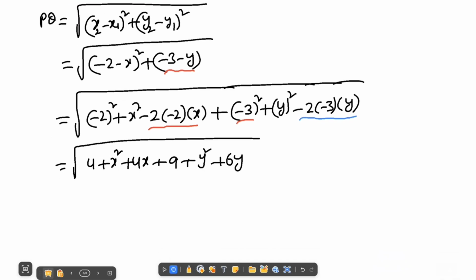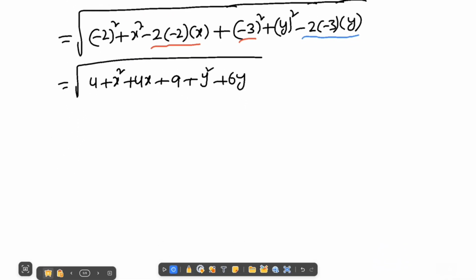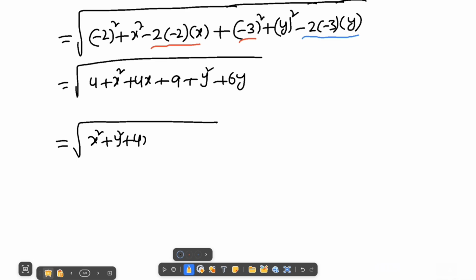So now that will be equals to under root of x square plus y square plus 4x plus 6y, 4 plus 9, 13, plus 13. So this is the PQ value.